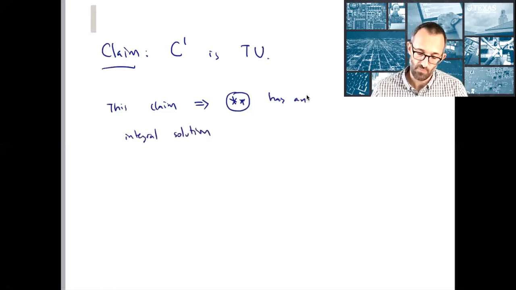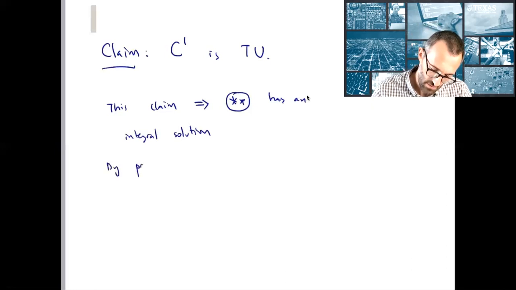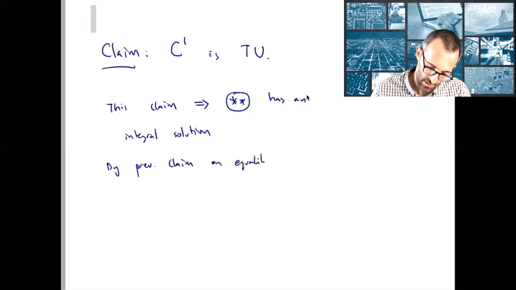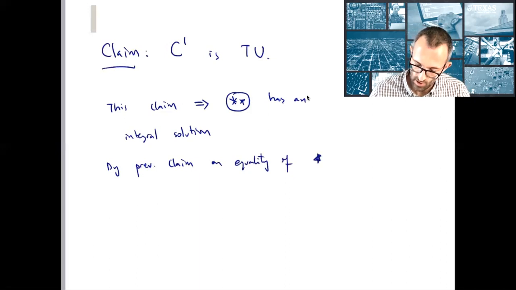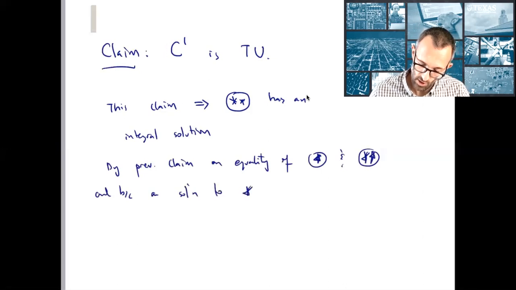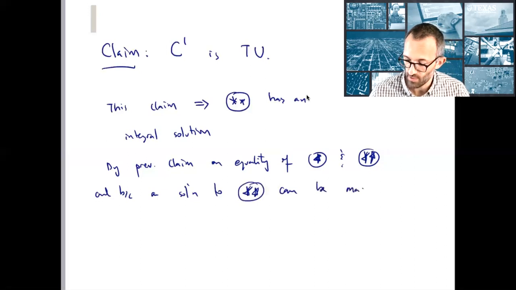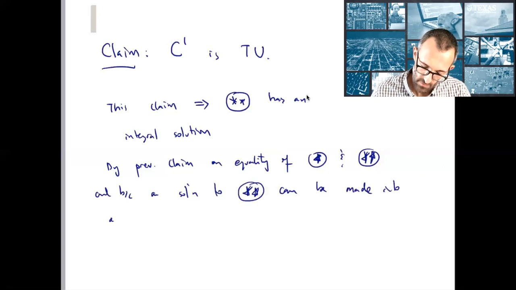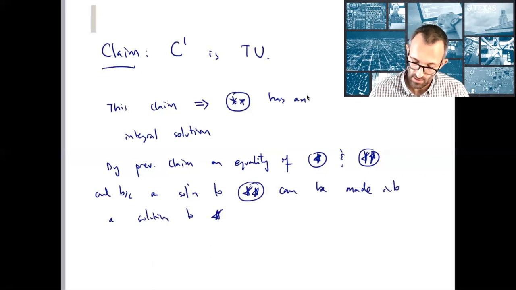But then by the previous claim on equality of star and star star, and because a solution to star star can be padded with zeros, it can be made into a solution to star that's integral by padding with zeros.